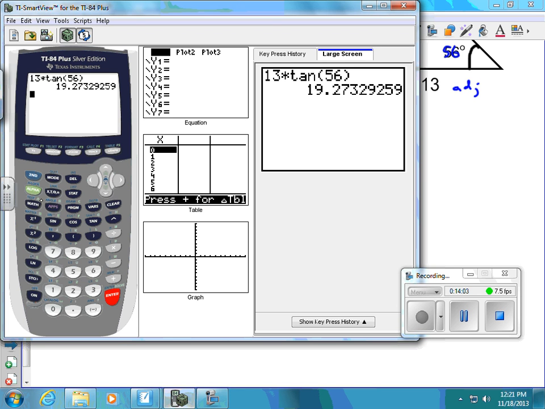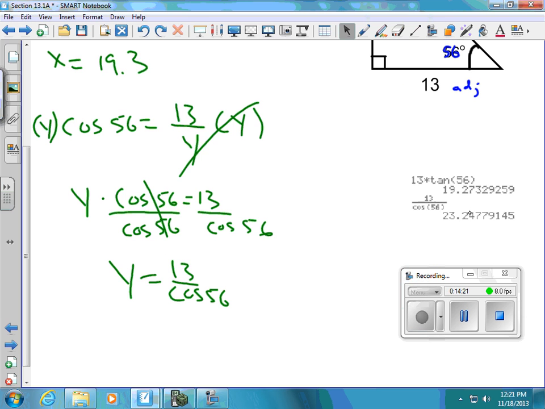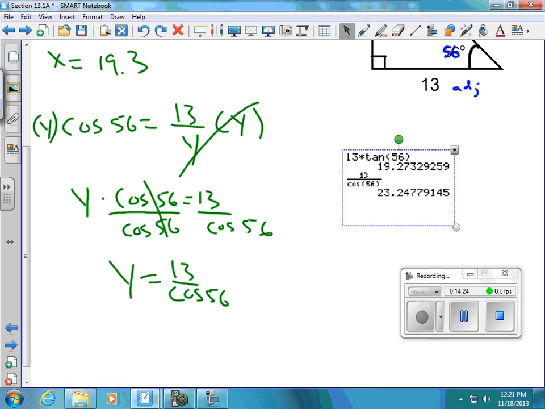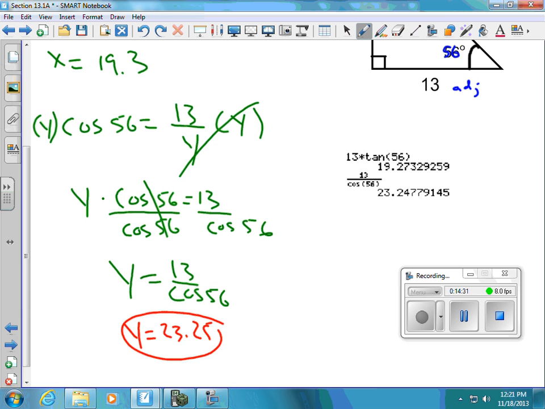So in our calculator, we type y equals 13 over the cosine of 56, and we get 23.24 or 23.25. So those are our two answers.